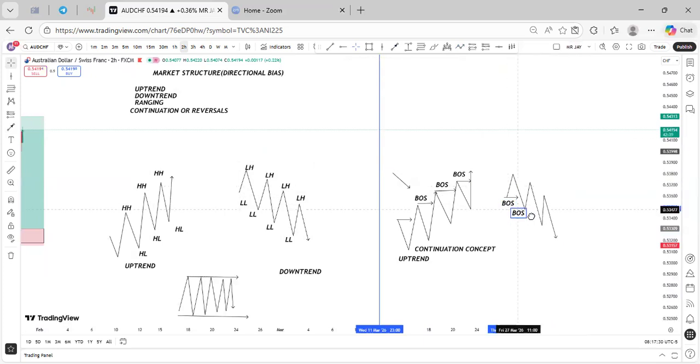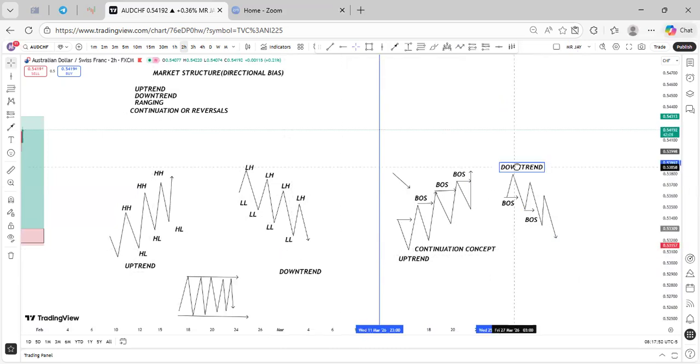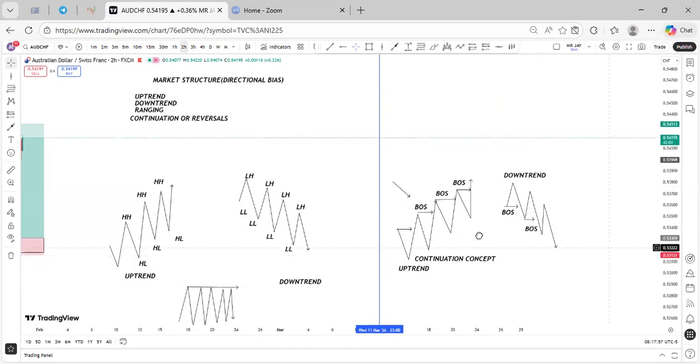just like that. So this is a downtrend, a continuation move on a downtrend, right? So what we want to be looking out for here is just to sell in line with the trend, right, guys? So it's very, very important we understand this. So this is a downtrend in a continuation move, right?